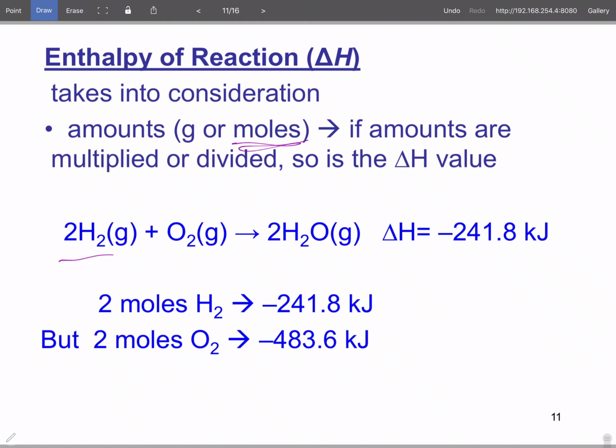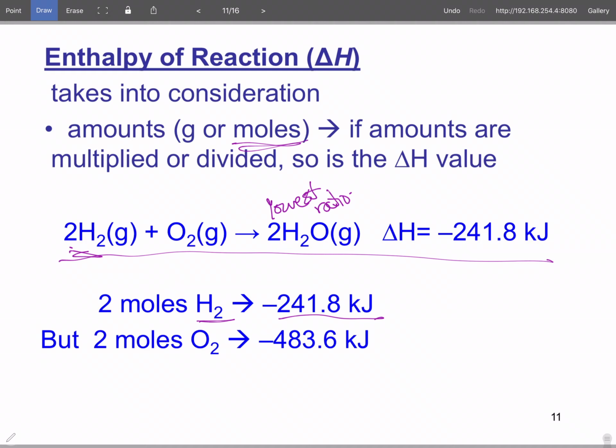So if we're looking here for this reaction, notice that this is the lowest ratio of the reaction. So this means that this all goes together, and this is a stoichiometric amount. But if you have 2 moles of hydrogen, then you're going to give off negative 241.8 kilojoules because that's what the equation states.